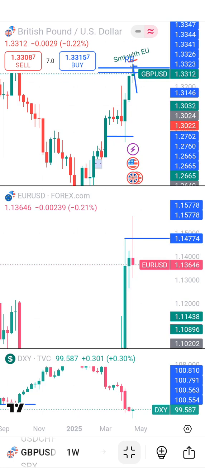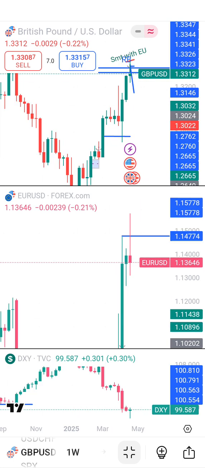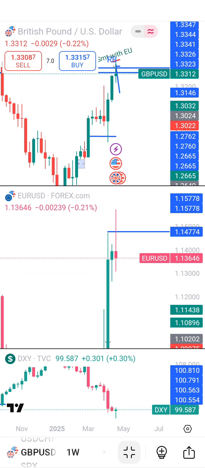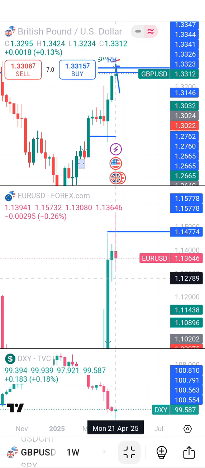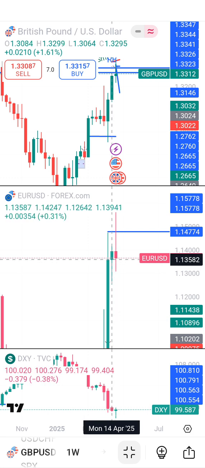Comparing it to EURUSD, watch out how price closed for this concluded trading week. Here it is bearish, and on GBPUSD it is a bullish candle. It is signifying something, a pointer to something which I might unveil in our Telegram channel.